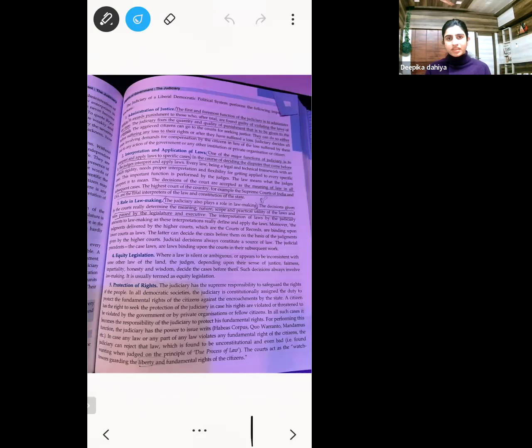So if there's an article, let's say the right to equality, which, just assume, was left untouched till date, but now you need to interpret it, because people are talking about it, trying to justify something on the basis of this article. Now the need of the hour is to interpret what the meaning of this article is, about which there is a lot of hue and cry.